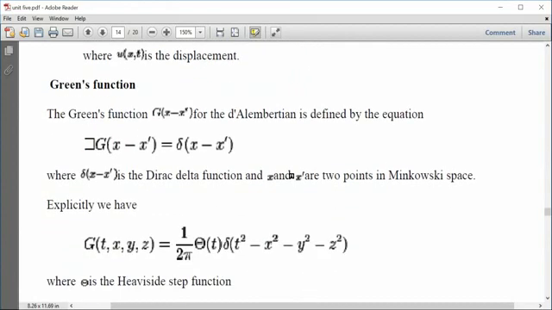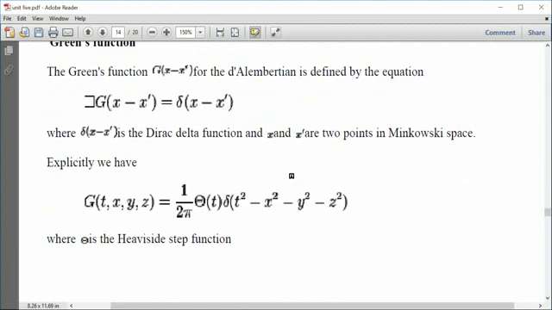So the Green's function is defined by this. So what does this mean? We get the changes times this element x minus x prime. It would be better if we illustrate it with an example.